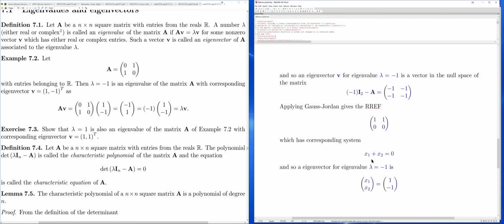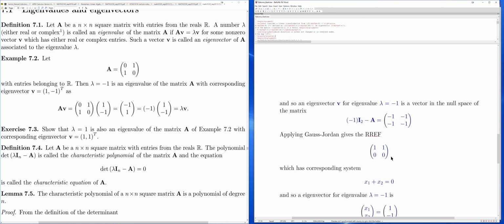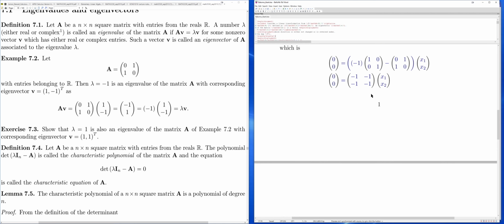In this case, the corresponding system is pretty easy, and you can see that a non-zero solution for this system is when x1 is equal to 1 and x2 is equal to minus 1, which is this vector 1, minus 1. This vector is a solution of this system, and this system was formed from this matrix equation.